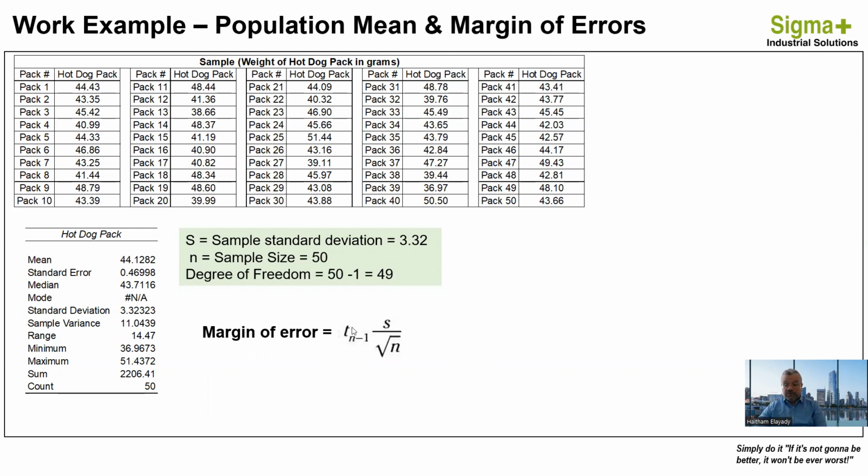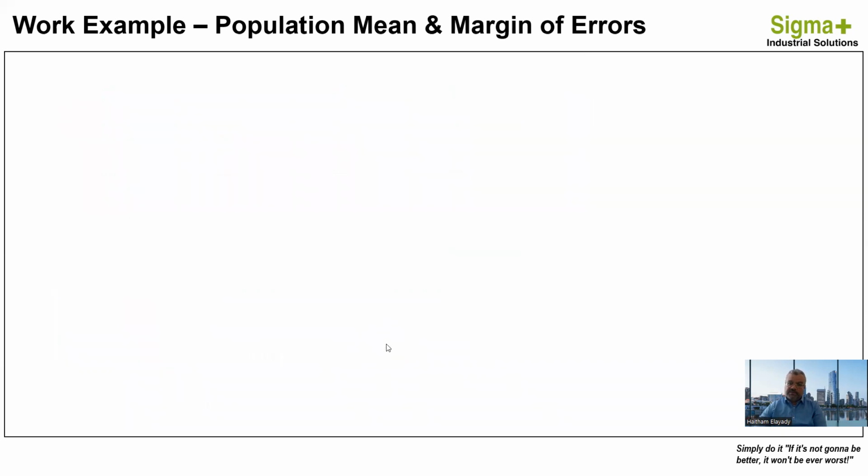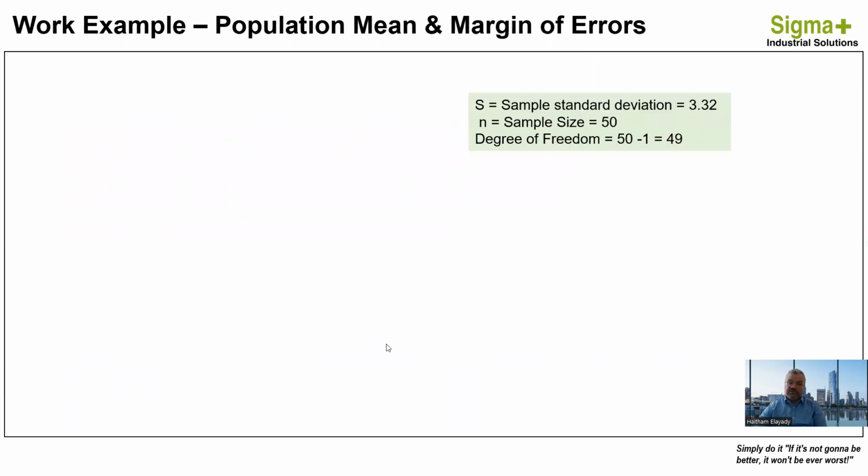The formula of the margin of error will be the t-score at the degrees of freedom multiplied by s, where s is the sample standard deviation, divided by the square root of n, where n is the sample size. So based on the information that I have, I think we're ready now to go to the t-score table and find out what is the value of t.